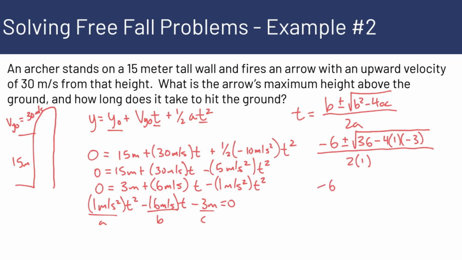So we have minus 6 plus or minus the square root of 36. So this is minus a negative 3, so that's plus 12. And that's all over 2. So we have minus 6 plus or minus the square root of 48, divided by 2.